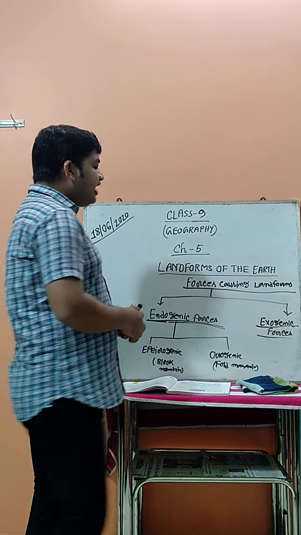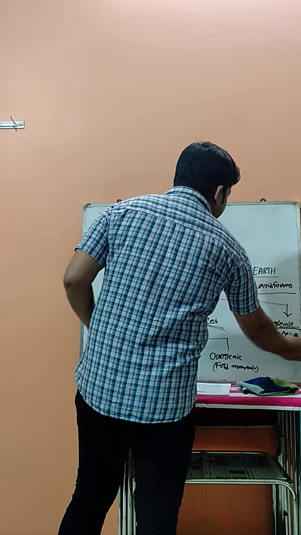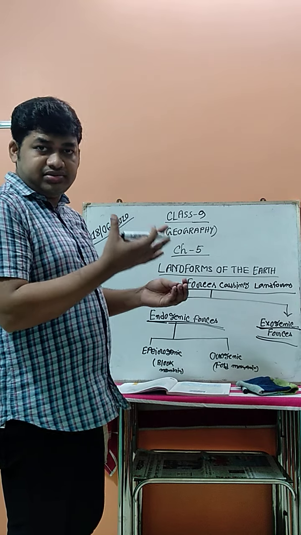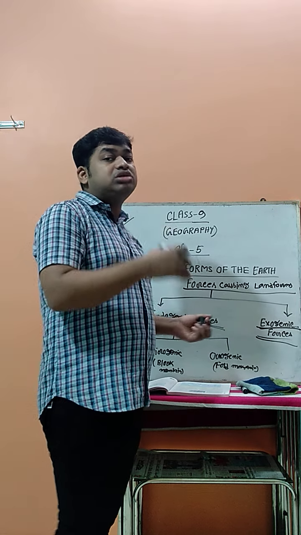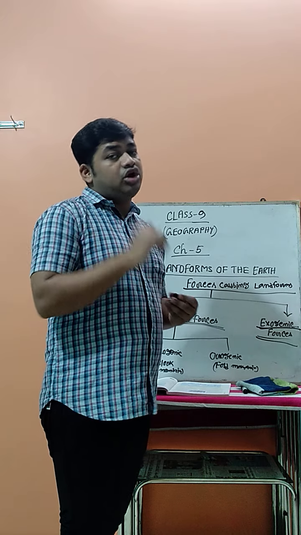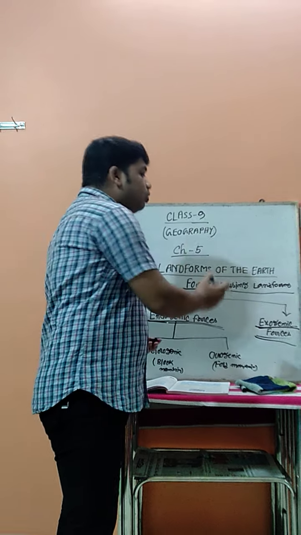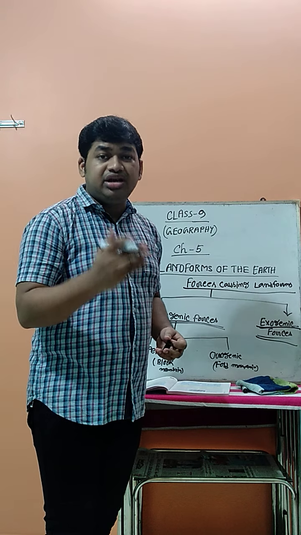Now the second is the exogenic force. Exo means ex, coming from outside. The force that occurs outside or on the topmost part of the earth's surface is known as the exogenic force.